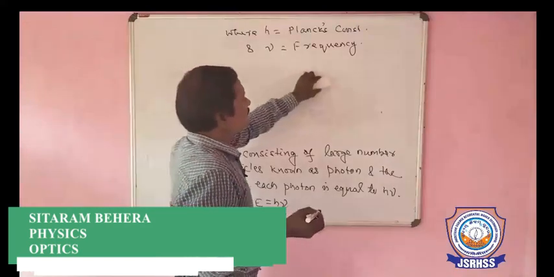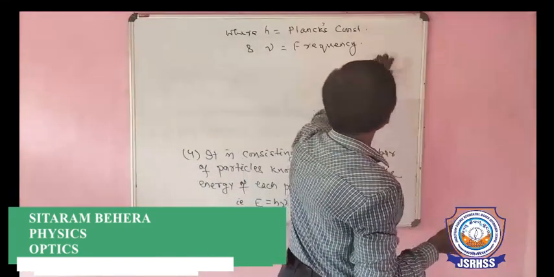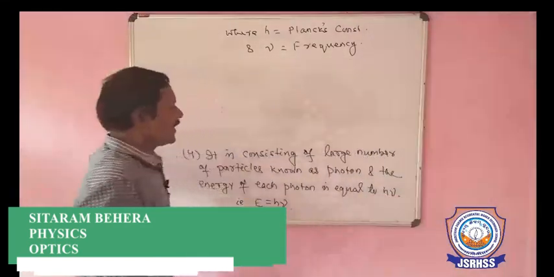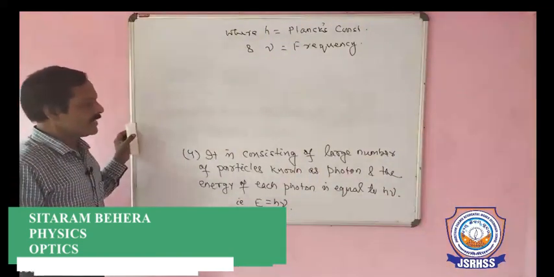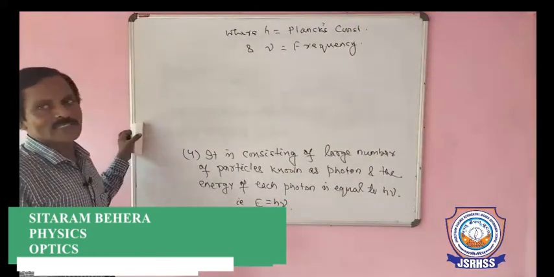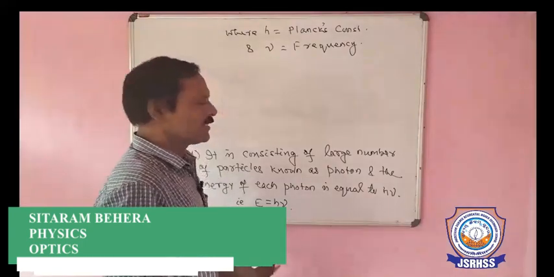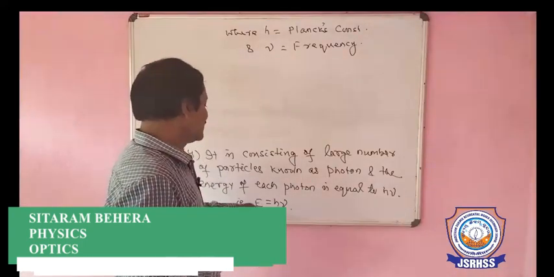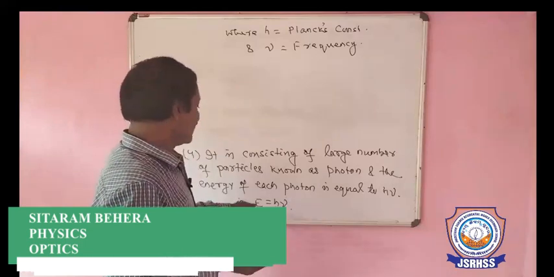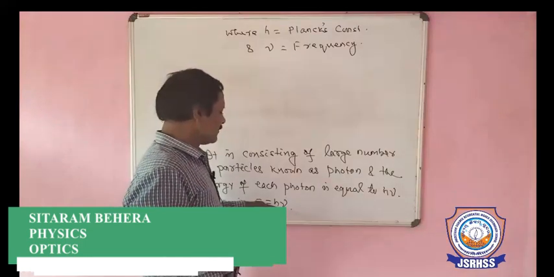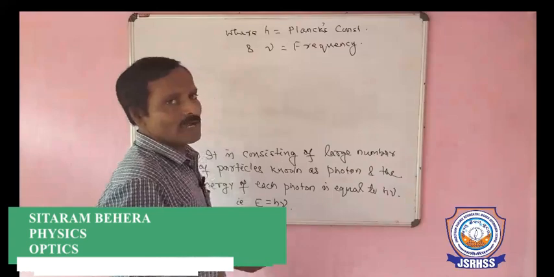Like matter consists of a large number of particles, similarly light consists of a large number of particles, and the name of the particle is photon, and the energy of each photon is equal to h nu, that is E is equal to h nu, where E is the energy, h is Planck's constant, nu is the frequency.